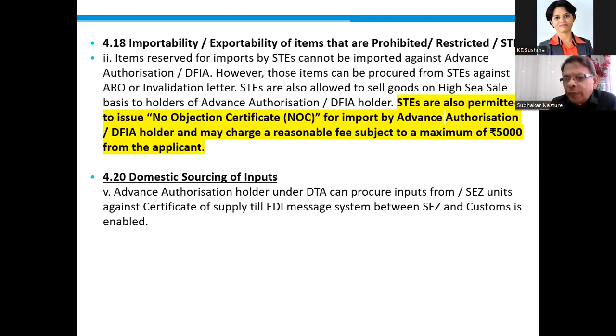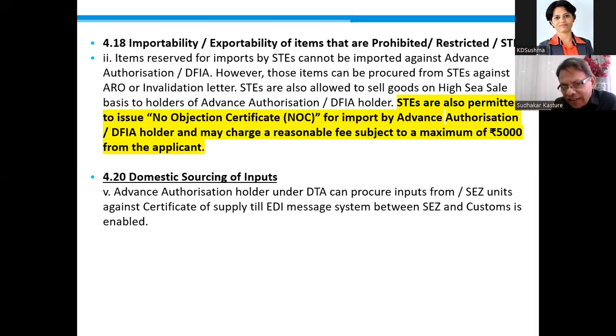State trading enterprises are those companies which are registered under Government of India scheme, and they have been authorized to carry out business only for a particular commodity. One example of this is State Trading Enterprise STC, State Trading Corporation. Second example is MMTC, Metals and Minerals Trading Corporation.